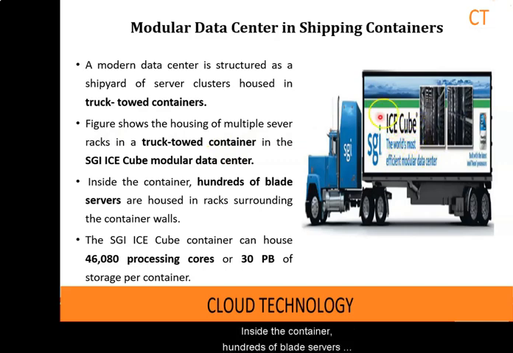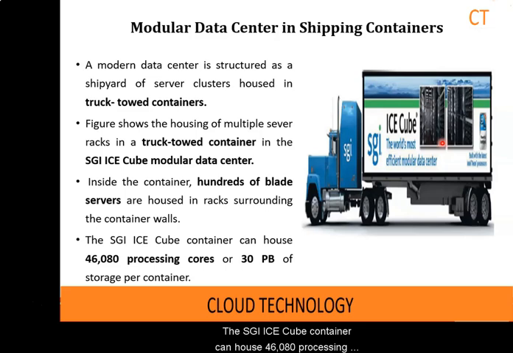Inside the container, hundreds of blade servers are housed in racks surrounding the container walls. An array of fans forces the heated air generated by the server racks to go through a heat exchanger, which cools the air for the next rack on a continuous loop.